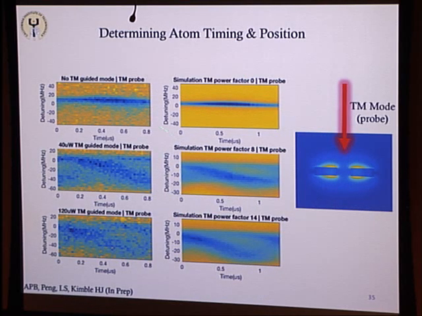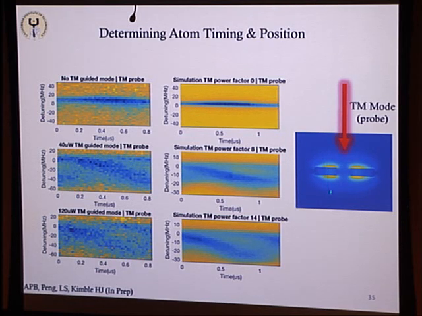So here's an example. Up here you have no guided mode, no TM mode at all. There's nothing going on. It's what I showed you before. And this is the simulation, which calculates using a transfer matrix model, which is maybe getting in the weeds, what the transmission spectrum should look like for atoms passing through the structure.